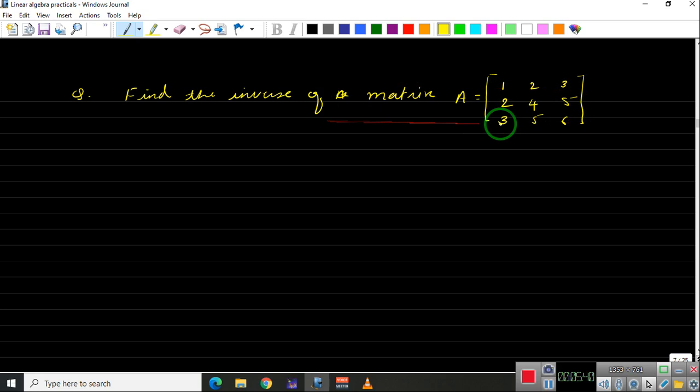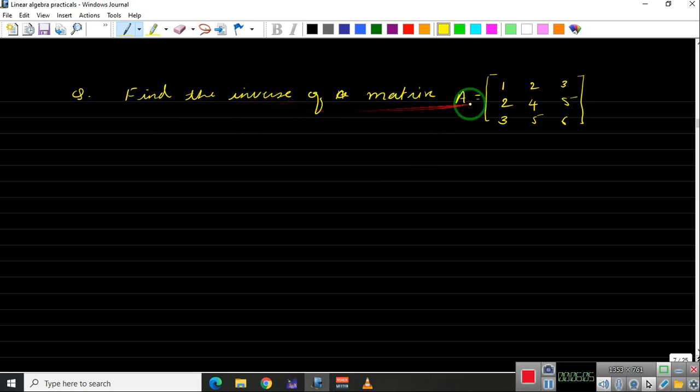Now it is not always that this is an invertible matrix, right? It may happen that the inverse of this matrix does not exist. When will that happen? When the determinant of A is equal to 0. So if determinant of A is equal to 0, the inverse of this matrix will not exist. But we will not check the determinant of A. We will directly apply the row reductions and see if it is invertible or not.